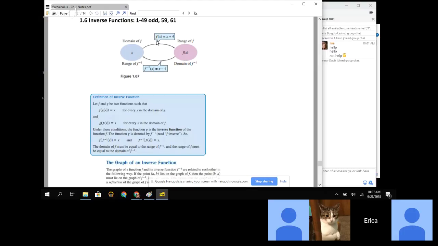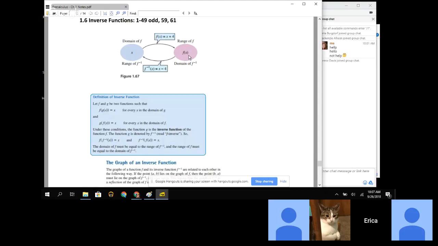If you have a function f of x equals x plus 4, the inverse of f of x is x minus 4. Okay, so for our original function, the domain of f is x, and the range is f of x.